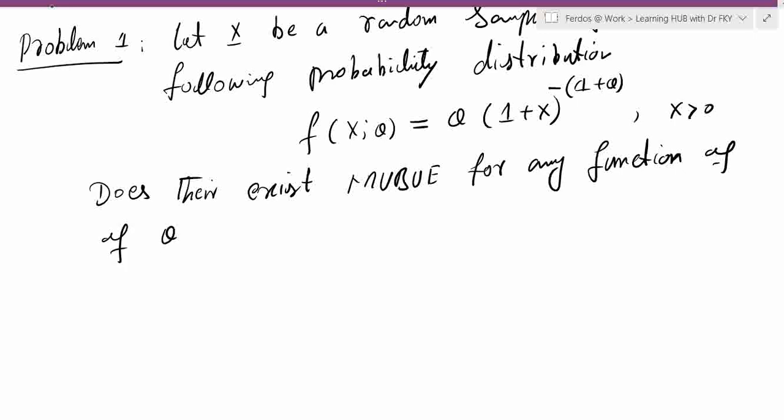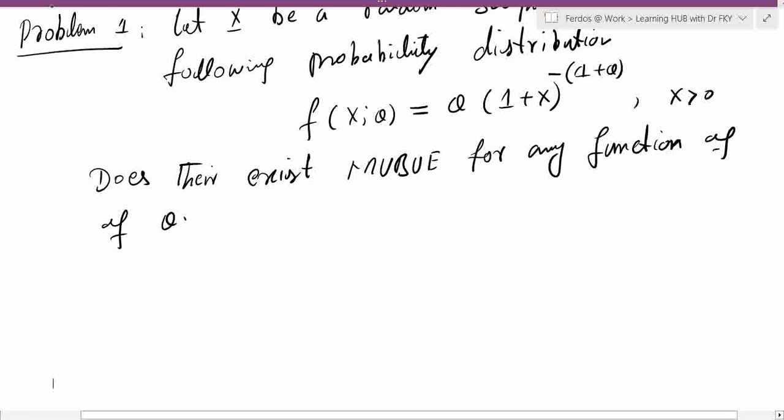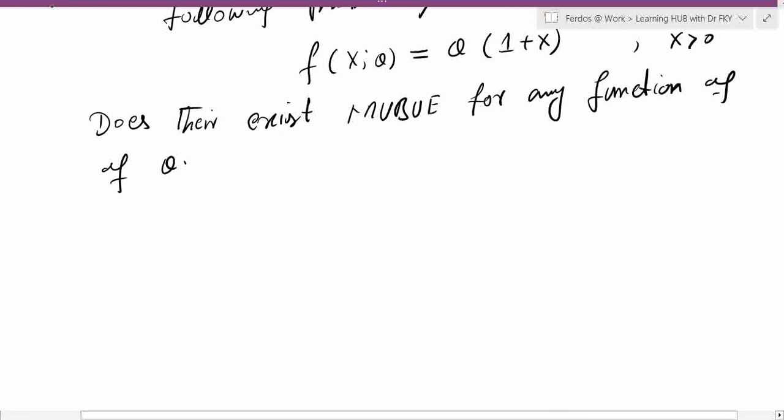So this is the first question. This means that we need to express the first derivative of the log likelihood in the above shape. If yes, the second question is: if yes, then find its variance and compare it with the lower bound.